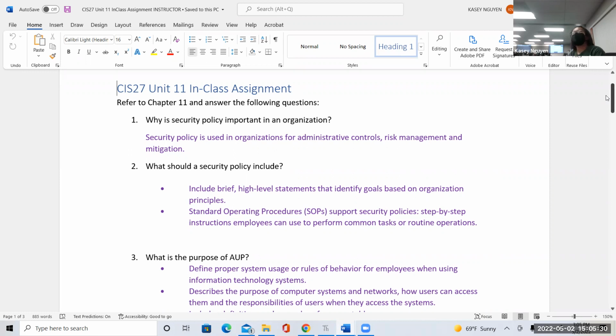Something we should always include in our policy is what's called the standard operating procedures, your SOP. When you see the word procedure, that's a step-by-step instruction on how they can use the policy to perform everyday tasks.